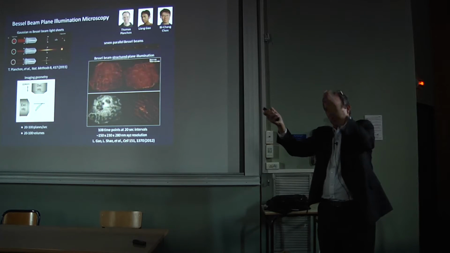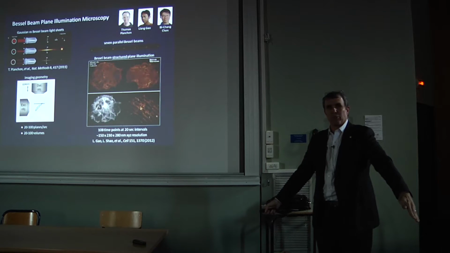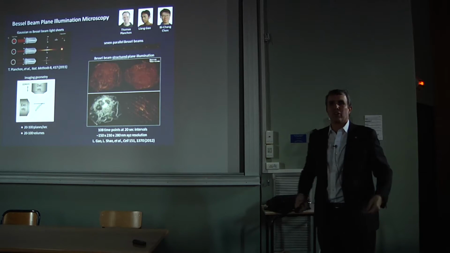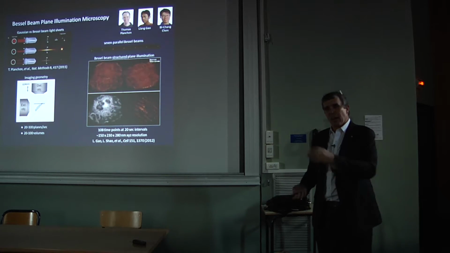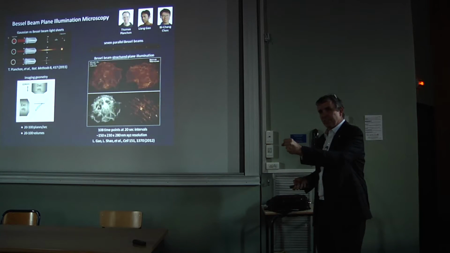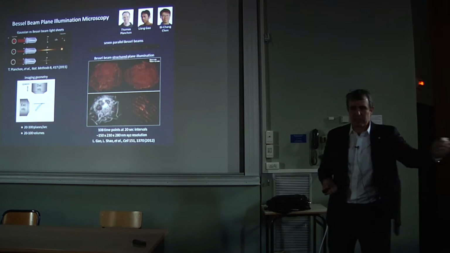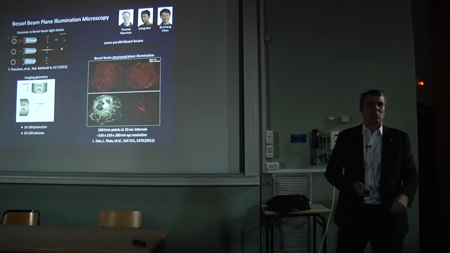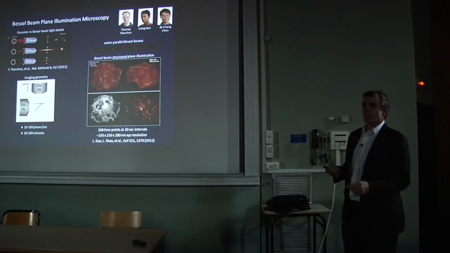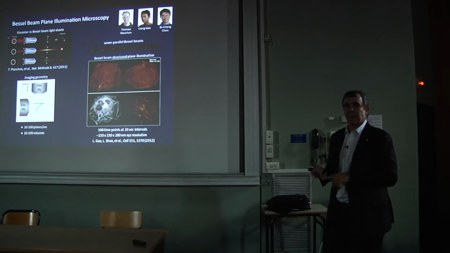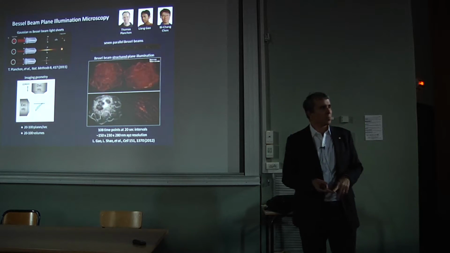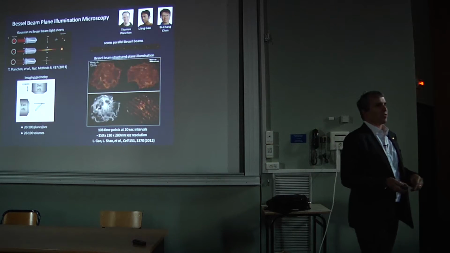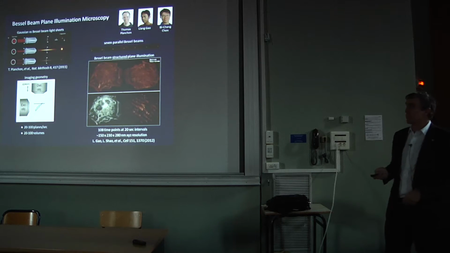Because not only do you have these cones of light above and below the focus, which is doing all of this damage and bleaching, at the focus itself you have an actinic spot of light that's leaving death and destruction in its wake as it goes along. And so the moral of the story is a line is better than a point, and a plane is better than a line. So why should we stop at 7 beams?